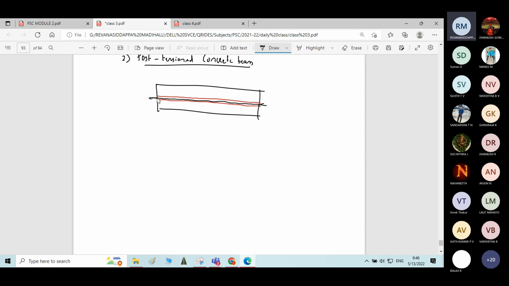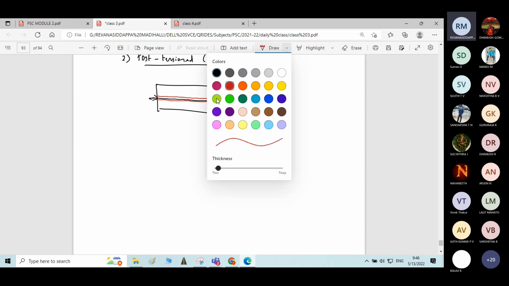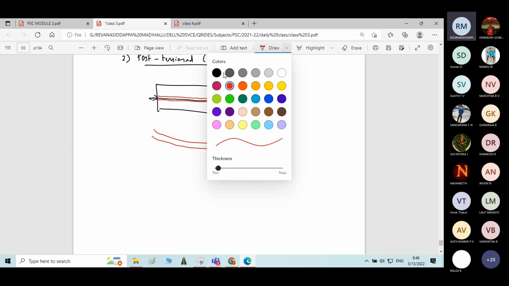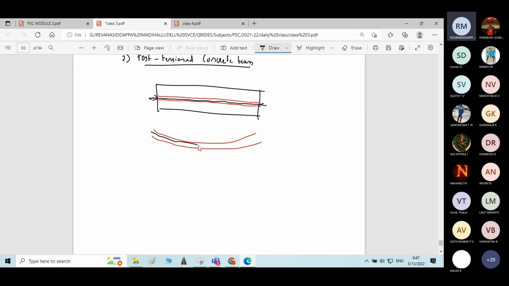Sometimes, if the cable profile has a parabolic shape, we will take a parabolic shaped duct only. Sometimes we will also fill mortar inside the ducts.